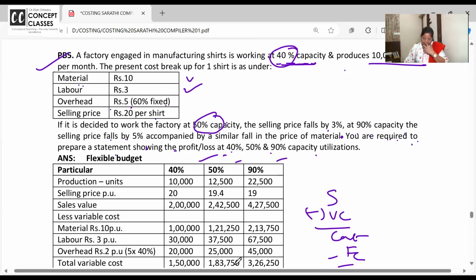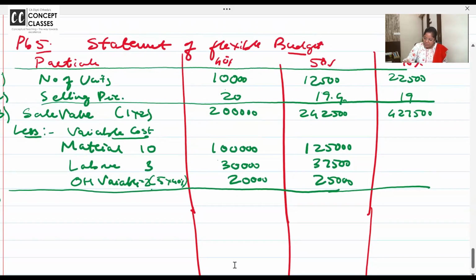All right, there's a small twist in the question. One second. Yes, look. It is decided that the factory works at 50%, the selling price will fall by 3%, and at 90% capacity by 5%, accompanied by similar fall in the price of material. So in the material price also we have to reduce 3% or 5%. That we didn't take. 3%, no problem. You can write 97% of 1,25,000.